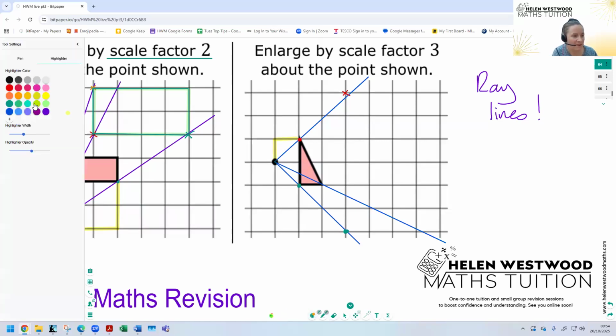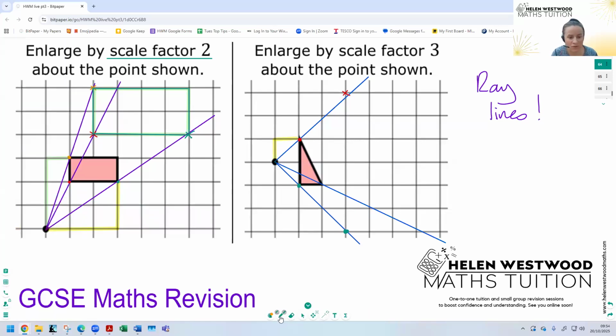And then finally, popping in the highlight just to emphasize what we're doing for this corner where my orange dot is, we can see that we go down 1, across 2. So we're going to go down 3 and then across 6. So that corner will be just there.